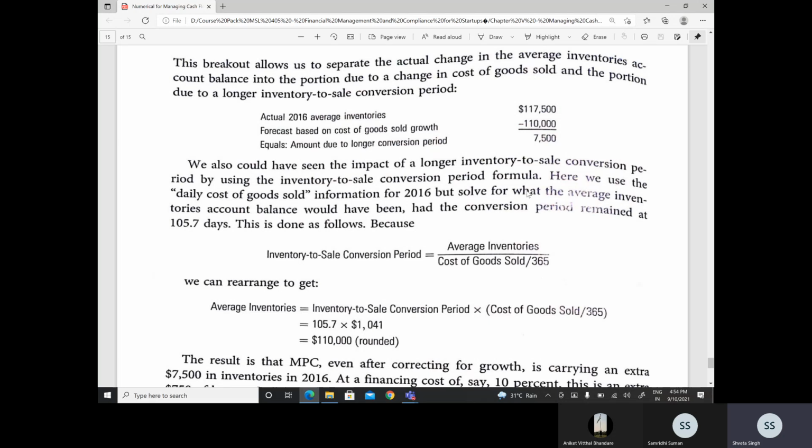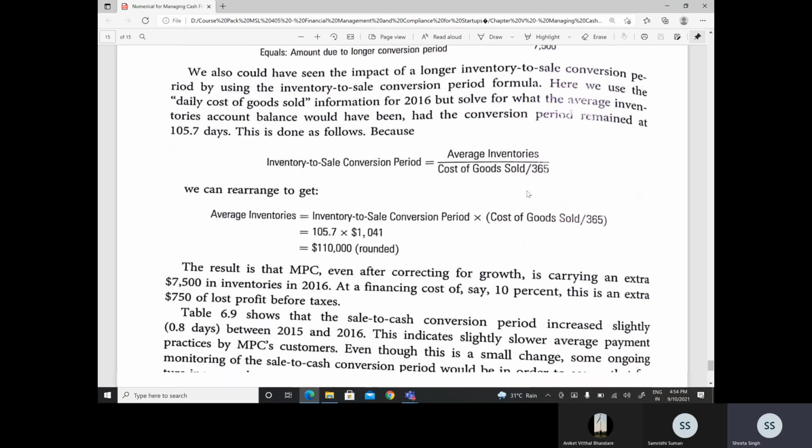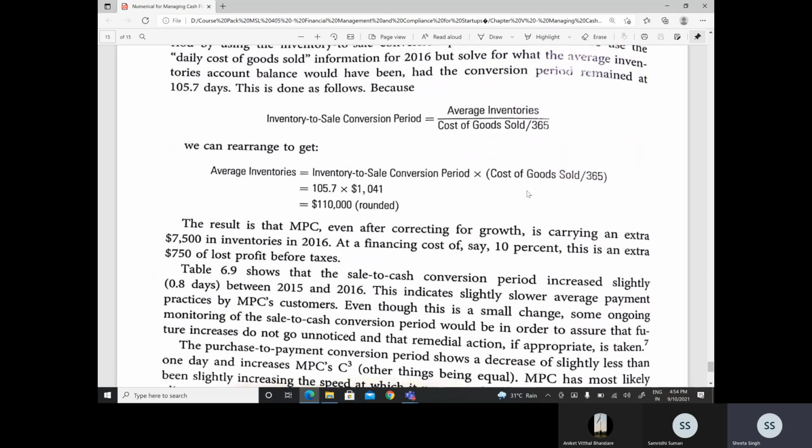We also could have seen the impact of longer inventory to sale conversion period by using the inventory to sale conversion period formula. Here we use the daily COGS information for 2016, but solve for what the average inventories account balance would have been had the conversion period remained at 105.7 days. So this is done as follows.